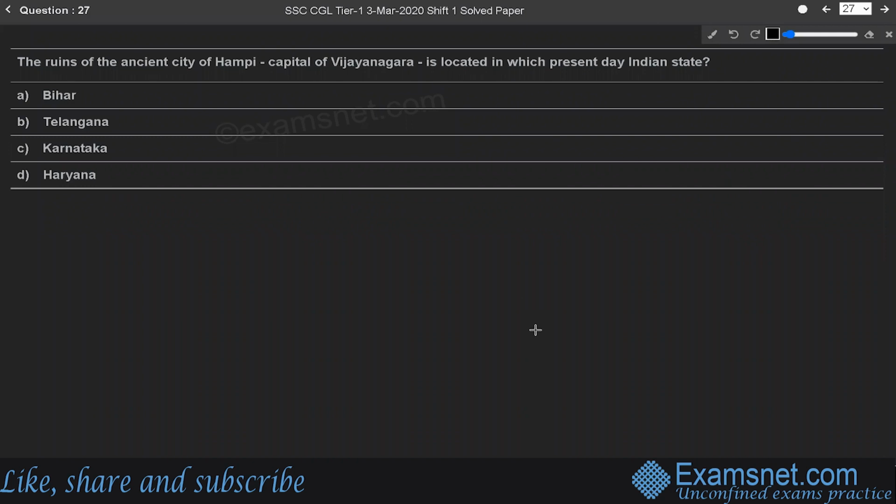Next question is, the ruins of the ancient city of Hampi, capital of Vijayanagar, is located in which present day Indian state? So, it is the capital of Vijayanagar. The Vijayanagar Empire was a very flourished empire which was located on the banks of river Tungabhadra.